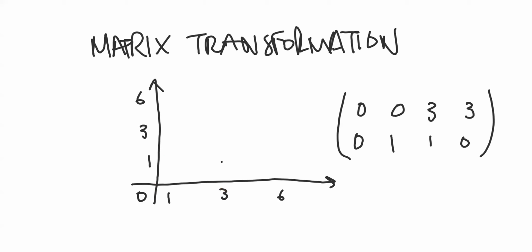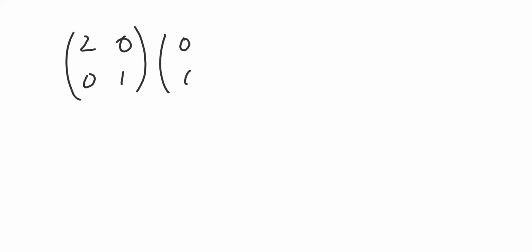So moving forward with it, we'll first multiply a matrix that is 2 0 0 1 with our point coordinate matrix that is 0 0 0 1 3 1 3 0.